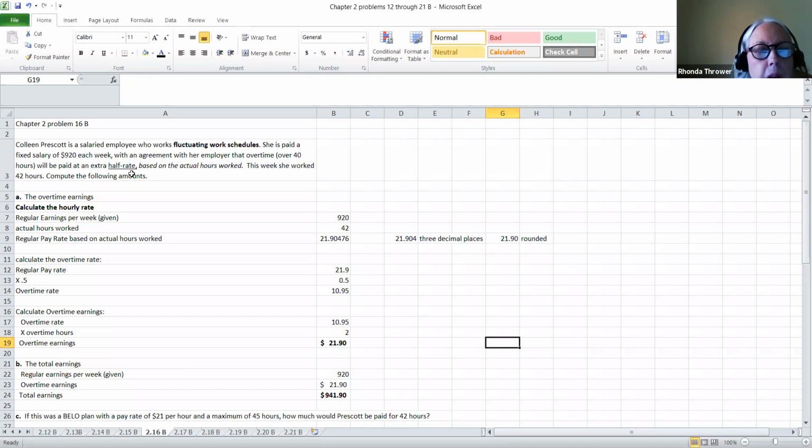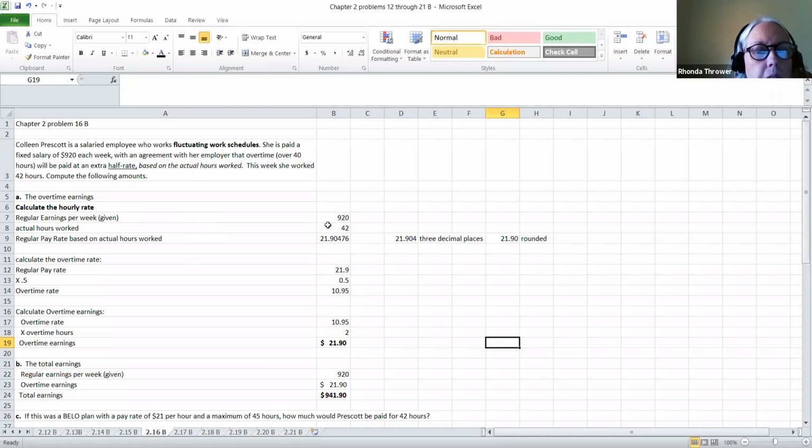And this half rate is based on the actual hours worked. This week she worked 42 hours. Compute the following. So first of all, they want us to compute the overtime earnings. Before we can calculate the overtime earnings, we need to calculate the hourly rate first.